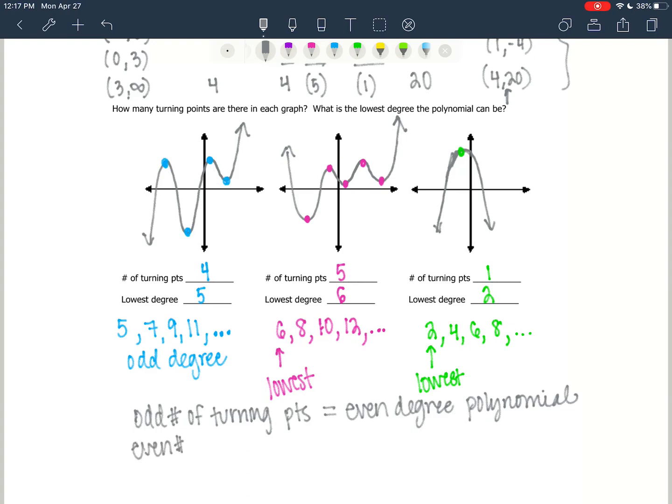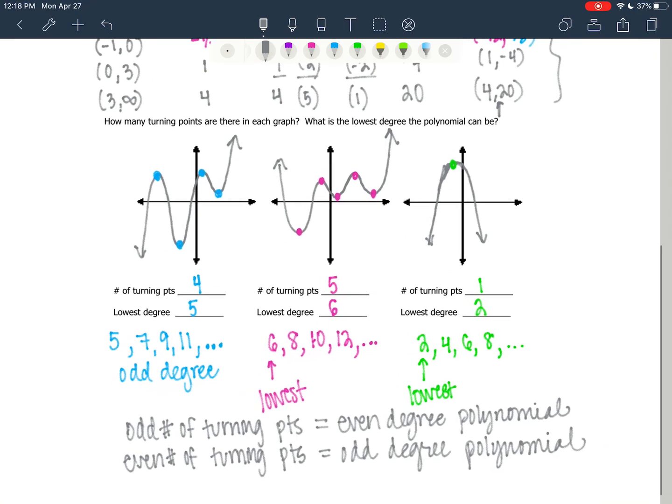And an even number of turning points, so if you can recognize your graph's turning points, an even number of turning points means an odd degree polynomial. So there's a little bit about our graphs right there.